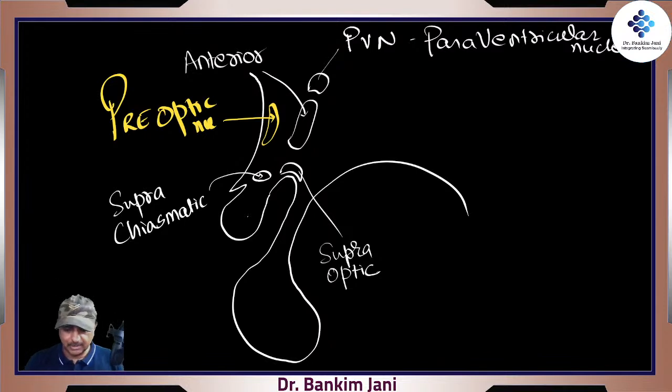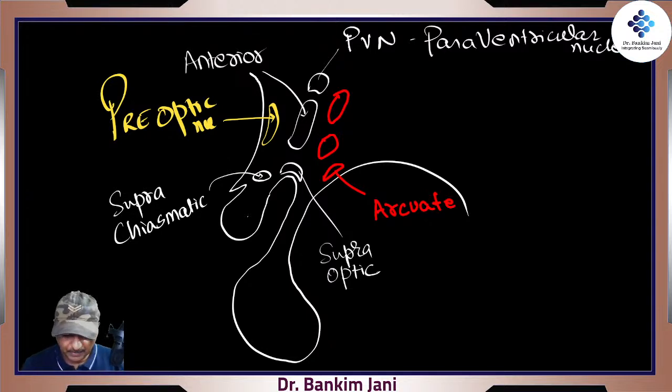In the intermediate hypothalamus, we have one nucleus over here, one over here, and one over here. This one is called the arcuate nucleus. Now, you remember I told you one is dorsal, one is medial. The one above is called dorsal, and this is called ventral.